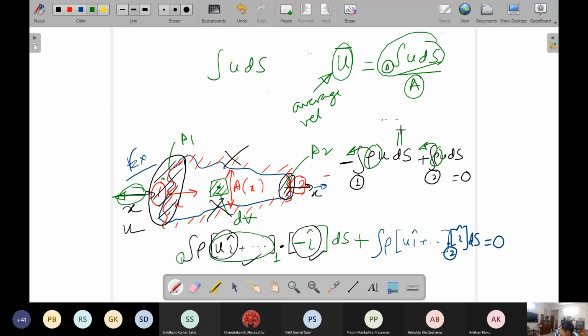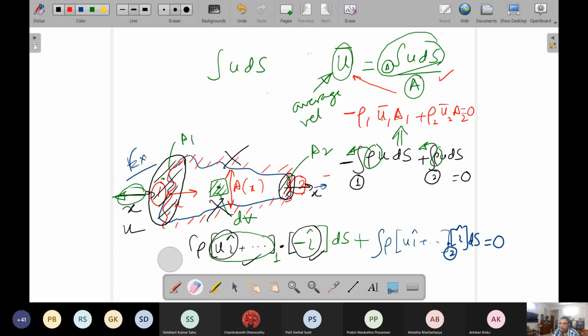So that means this equation will boil down to minus rho 1 integral u dS over 1, which is u average 1 into A1 from this formula, plus rho 2 into u average 2 into A2, and this is equal to 0.